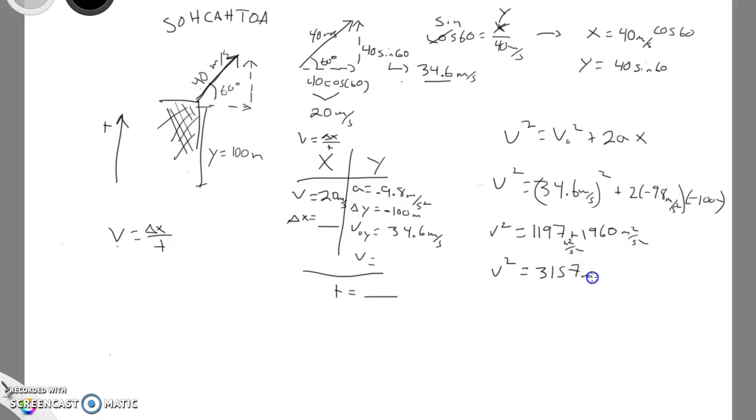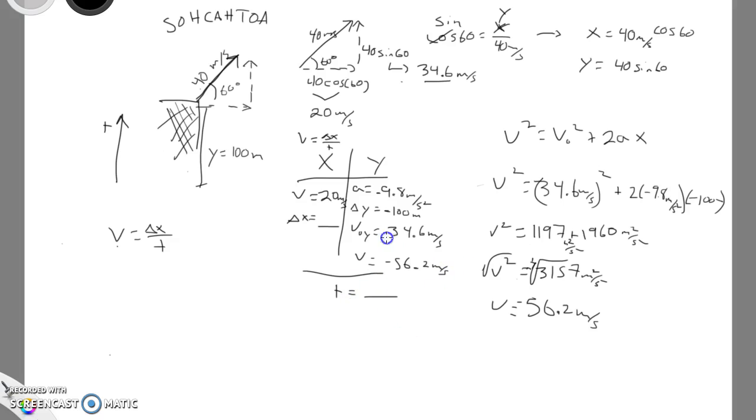Can add those together. And finally, I'll take the square root to find that the velocity here is going to be 56.2 meters per second. And since it's going downward, I'm going to say that it's negative 56.2 meters per second.